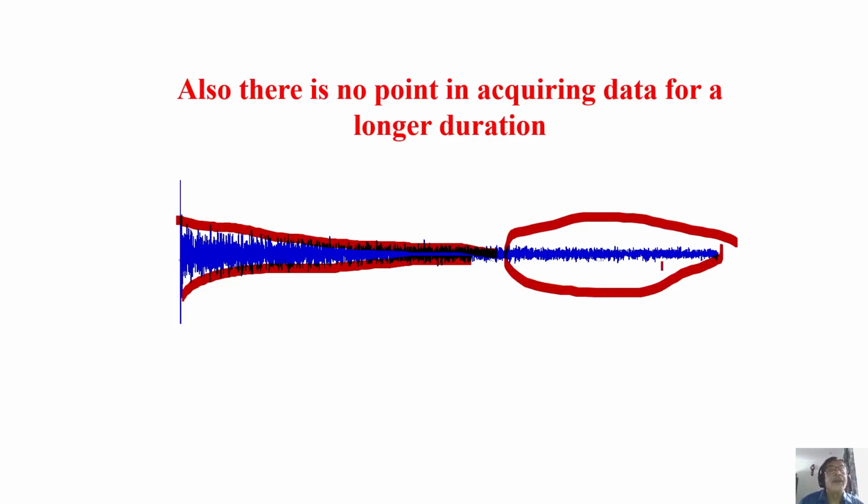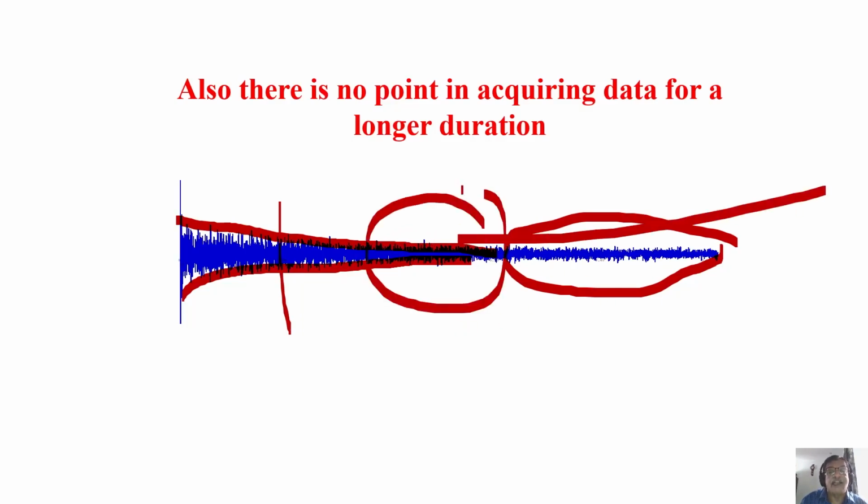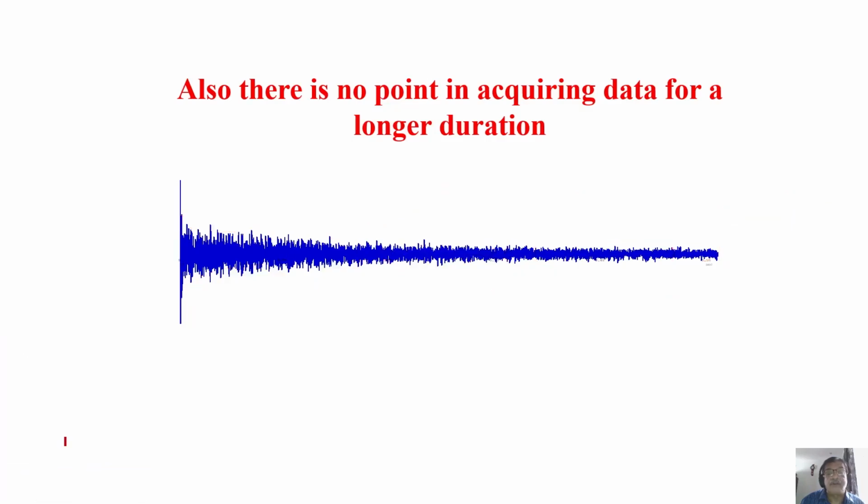So that also has to be optimum. You cannot collect the signal only for a short duration so that the FID gets truncated. At the same time, you cannot keep on acquiring the signal for a longer time even after the signal has died down, because you will be simply picking up the noise. Then your signal to noise ratio will not be very good. It will go down. If you have more noise, your signal to noise ratio will come down.